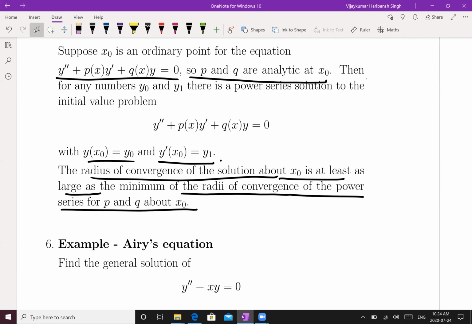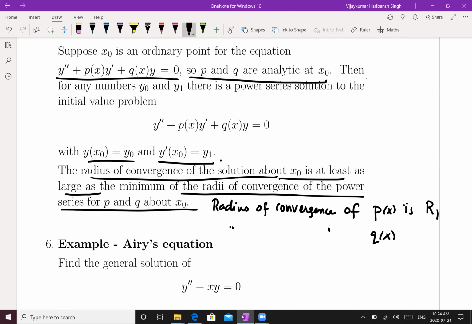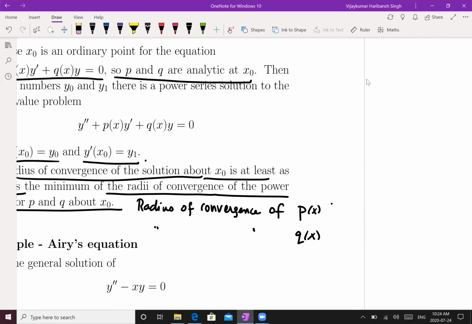So why is that? What does it mean? First of all, say the radius of convergence of P(x) is R1, and the radius of convergence of Q(x) is R2. Now, first of all, I'll write them as a series, copying them from above.